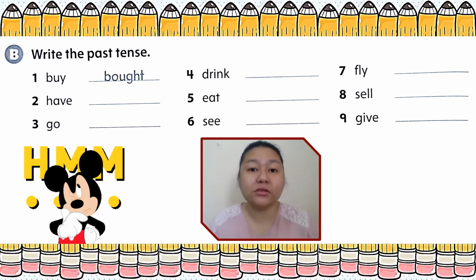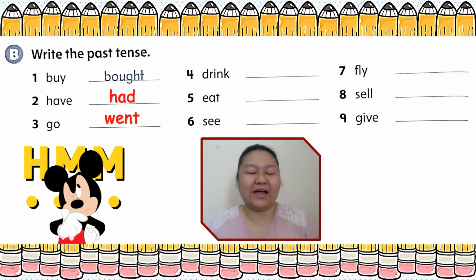For example, number 1 is already given. Buy becomes bought. How about number 2? The word have. What's your answer? Had. Correct. How about number 3? Go, went. How about for number 4? Drink. Girls, can you answer? Drunk. How about for number 5?